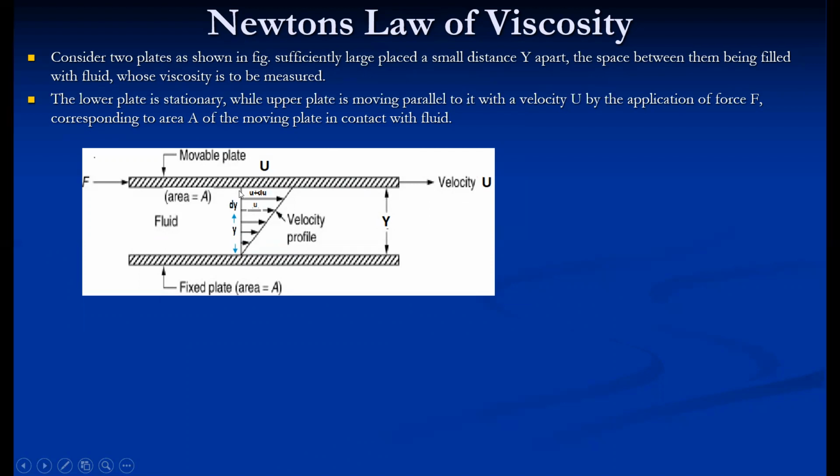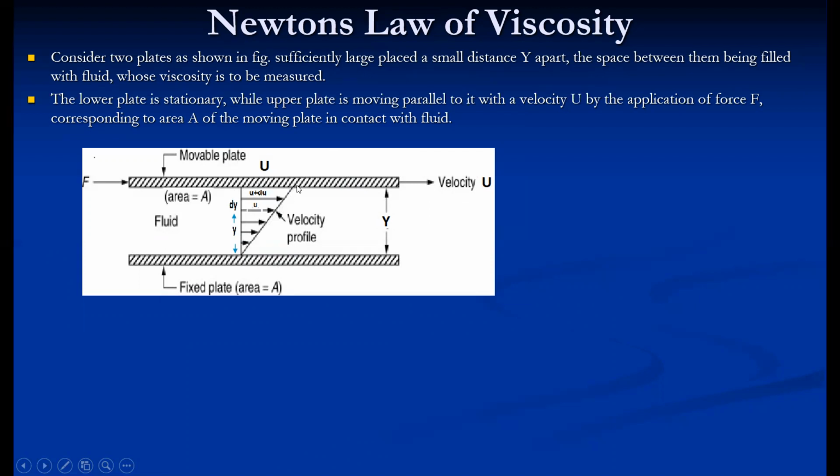The fluid is stationary, but the layer that adheres to the moving plate possesses the velocity capital U. That layer has the maximum velocity because it adheres to the moving plate. But this layer offers resistance to the adjacent lower layer, so the adjacent lower layer's velocity decreases slightly, and this varies linearly.